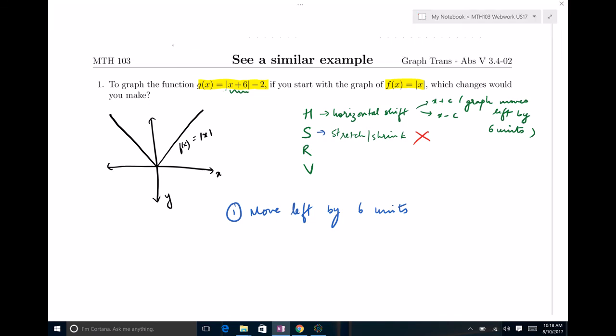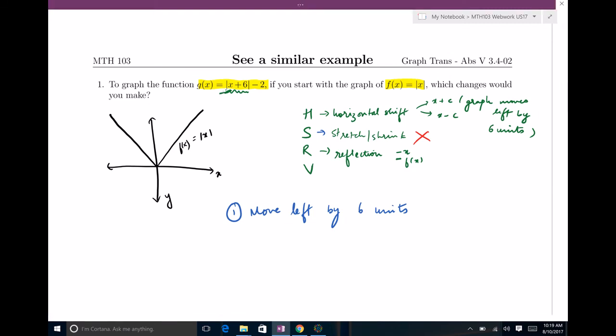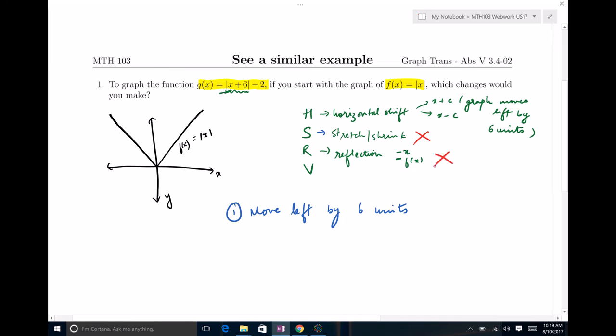The letter R is for a reflection. A reflection is in case you have a negative x or a negative sign to the function itself. Now in this case again you'll see that x doesn't have a negative sign, neither does the function have a negative sign in front of it, so we'll say that there's no case of reflection.